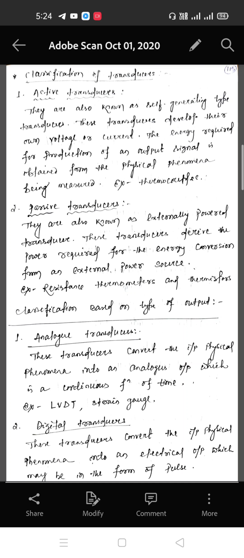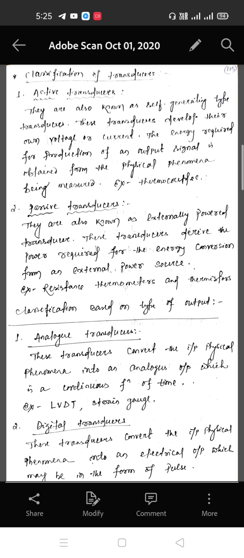These transducers develop their own power, meaning their own voltage or current. That's why these are called self generating transducers. The energy required for production of an output signal is obtained from the physical phenomenon being measured. An example is the thermocouple, which is an active transducer.